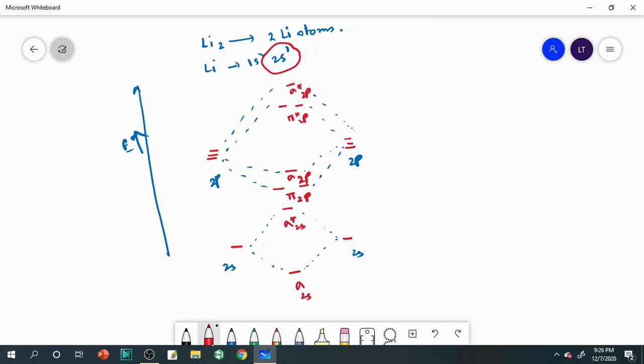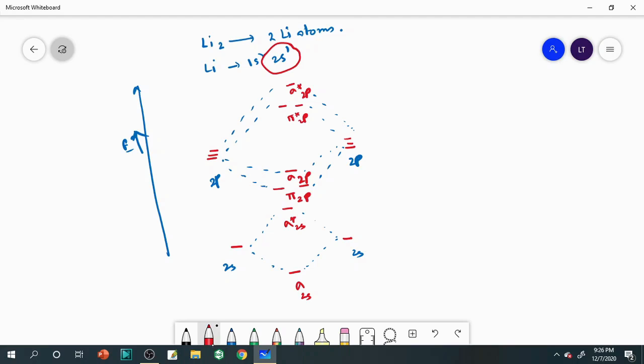In case of the Li2 molecule we will get altogether 2 electrons, as each atom will contribute 1 electron.